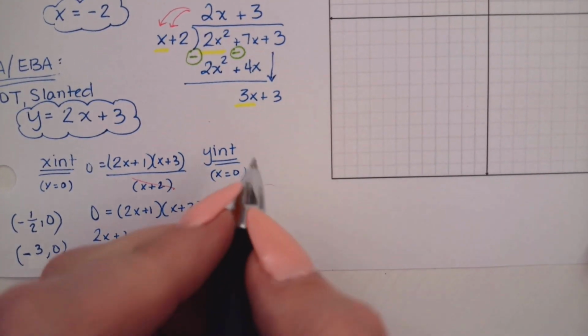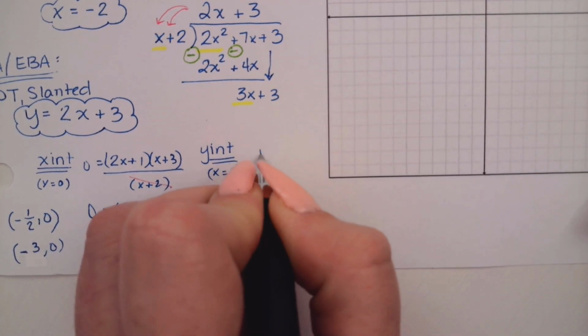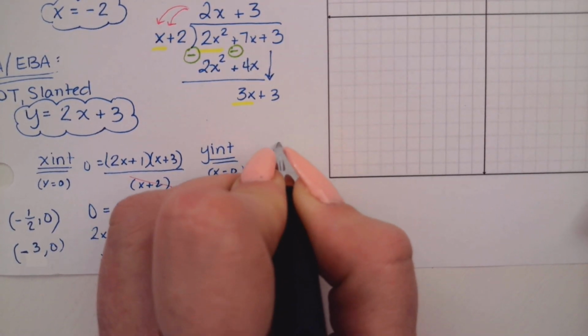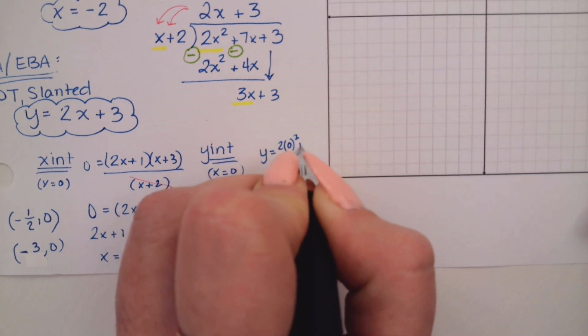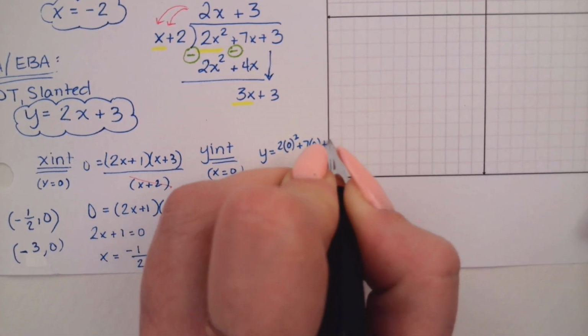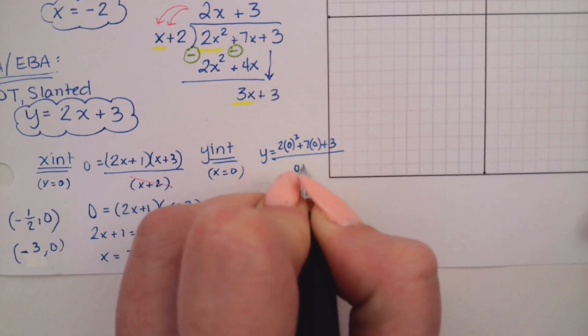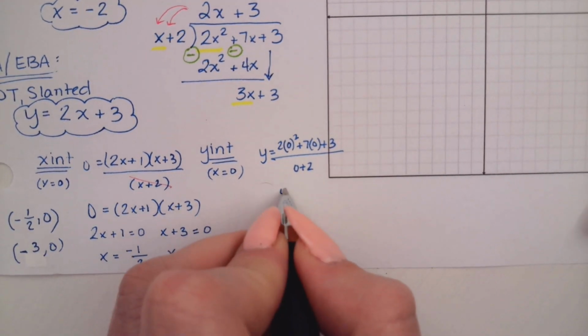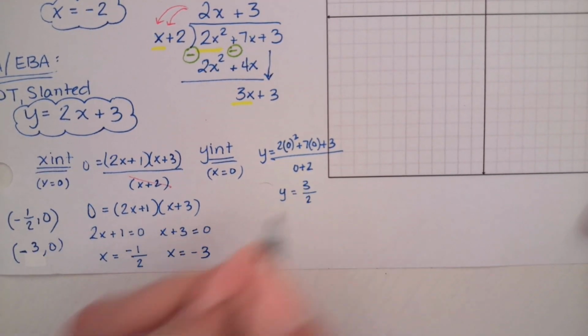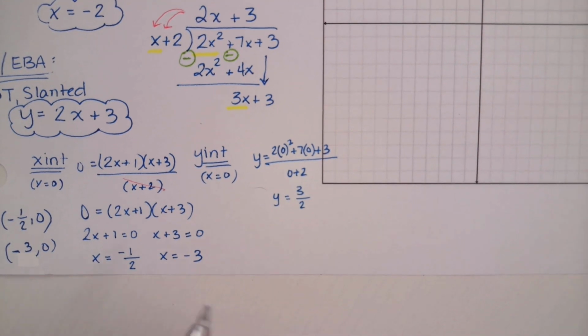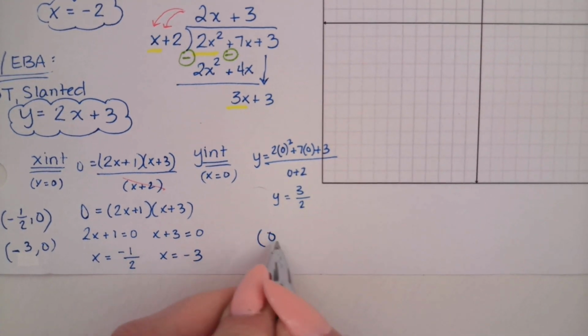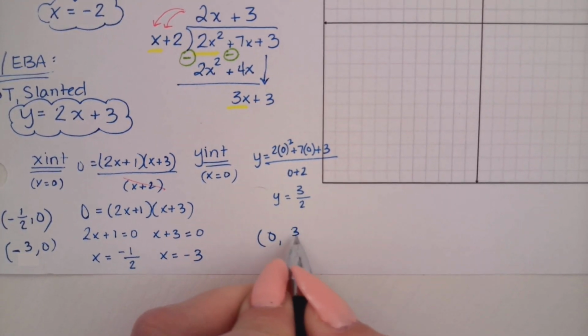You should get the same answer either way. So I'll have 2 times 0 squared plus 7 times 0 plus 3 over 0 plus 2, which leaves you with 3 over 2. As a point, I would write that as how? 0 and then 3 over 2. Very good.